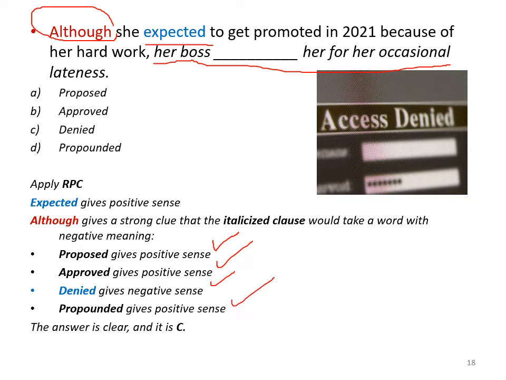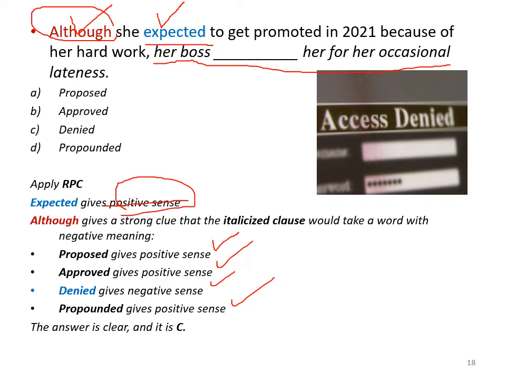All right. So what was the expected? Okay, expected gives a positive sense. Although is the sentence opener here, and we could see that it tells us that something is going to be the opposite of this positive sense. Although she was good, but or however.